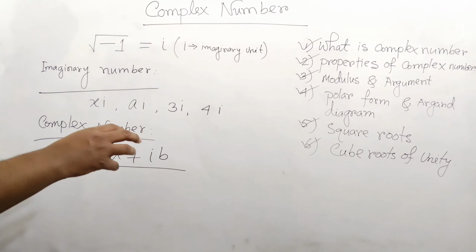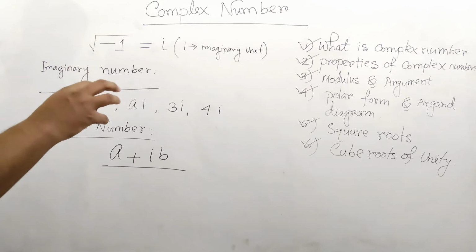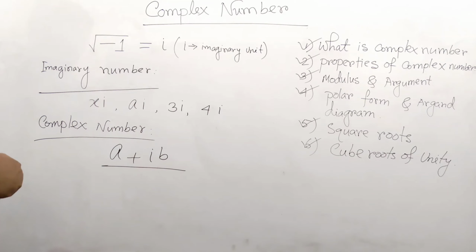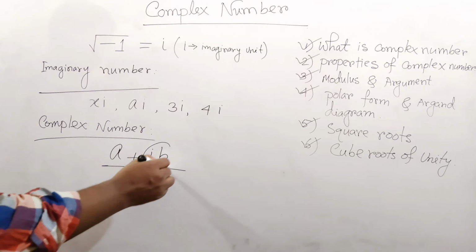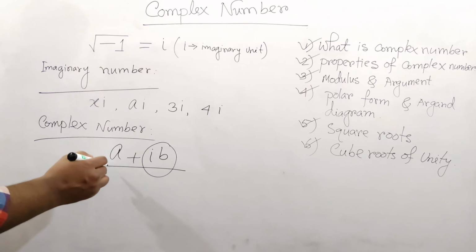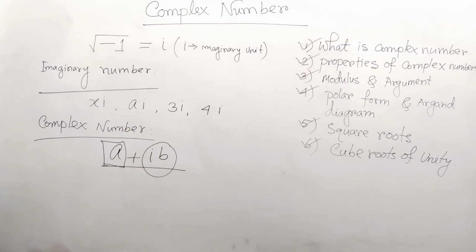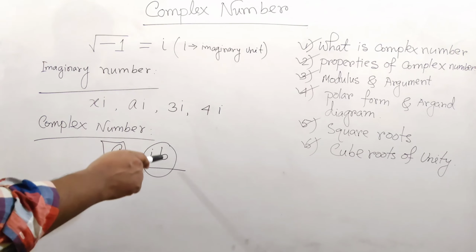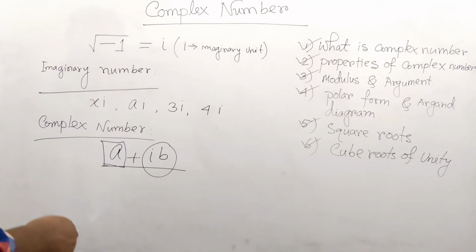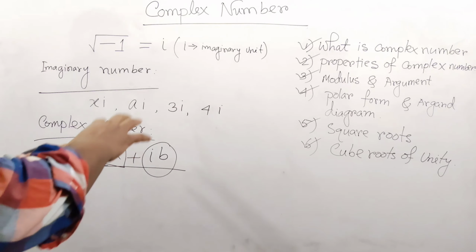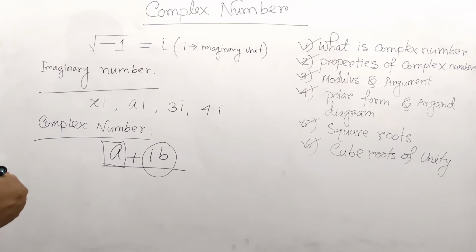That means if we add or subtract any imaginary number with a real number, then this whole number is called a complex number.